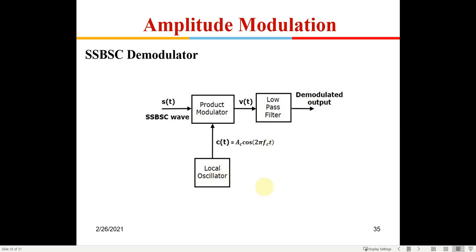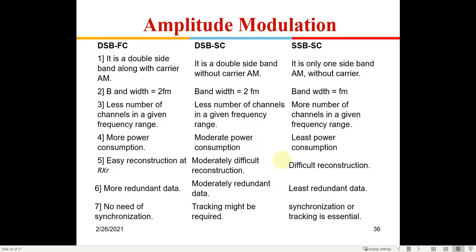That is the disadvantage in this scheme. Whereas in the double sideband we could generate that signal by using a Costas loop, and in AM modulation there was no requirement itself, so you could just do a square operation, right? Here it is just a summary of the three schemes which we have studied.